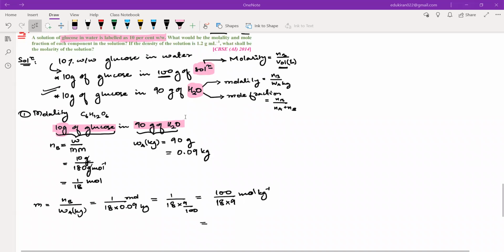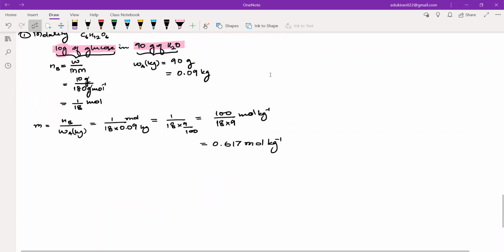Akshay also correct? Correct, Akshay. So the answer that you will get here is 0.617 moles per kg.